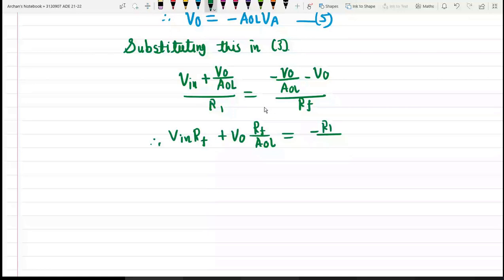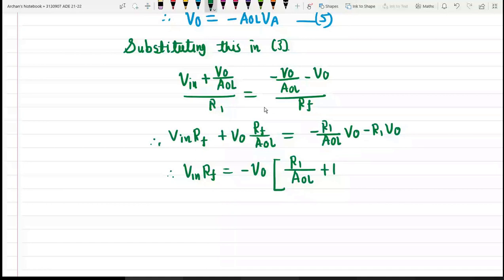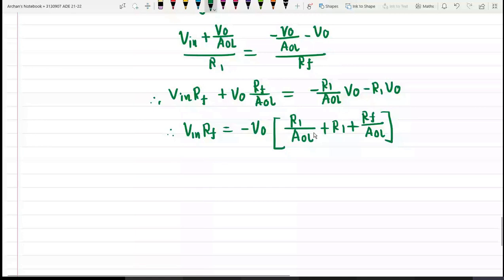Therefore, V in RF is equal to minus V0 times R1 by AOL plus R1 plus RF by AOL. Now, what is closed loop gain?